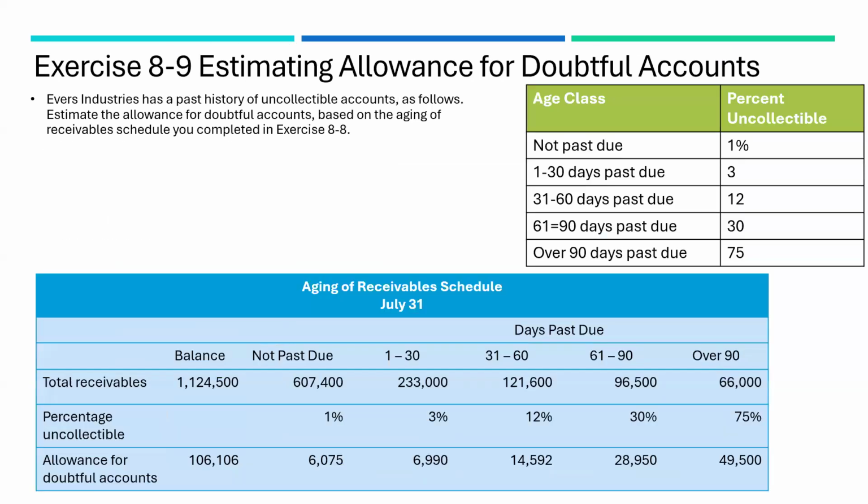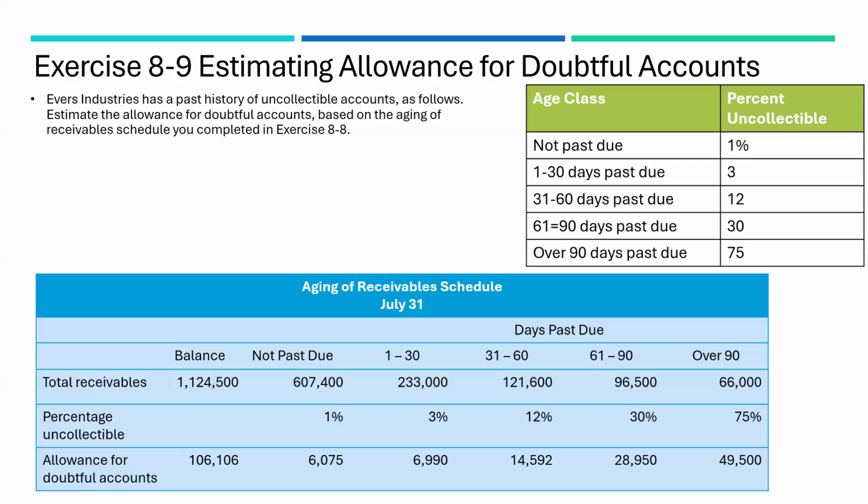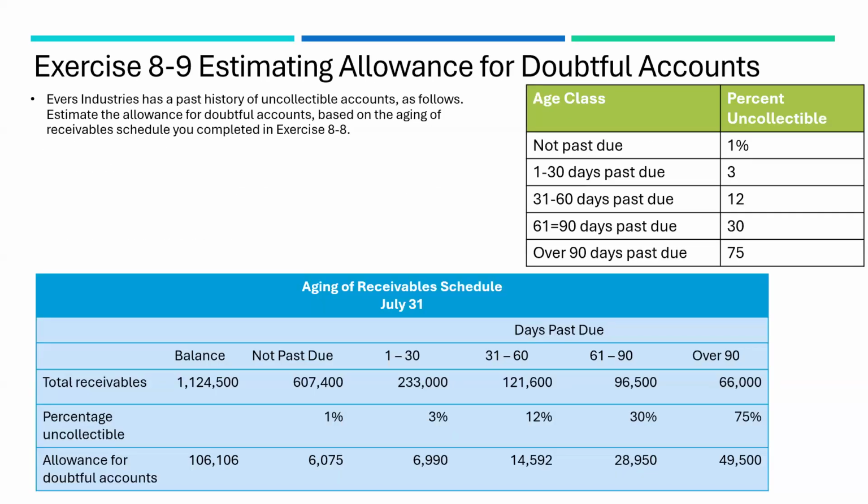And then we estimate our allowance at 106,106. Unfortunately, this problem doesn't have an example for the journal entry, but depending on the beginning balance, we would have this 106,000 as our desired allowance for doubtful accounts, and we would make our adjusting entry to plug it, to get it there.